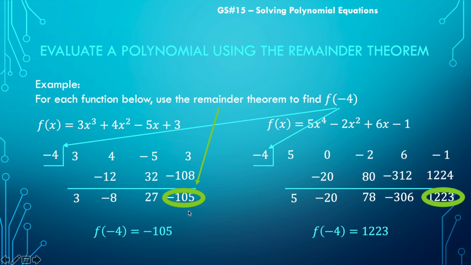I would interpret these numbers as the coefficients of a polynomial. But for this, I'm just evaluating f of negative 4, so I can just pull the remainder. I'm just using synthetic division in a different way than purely dividing the two polynomials. That was my last comment for this video.